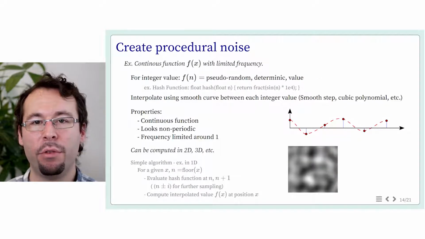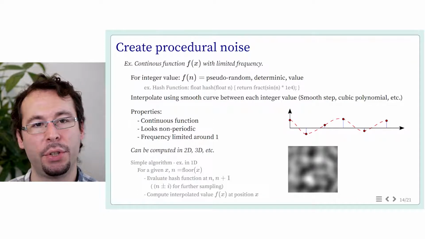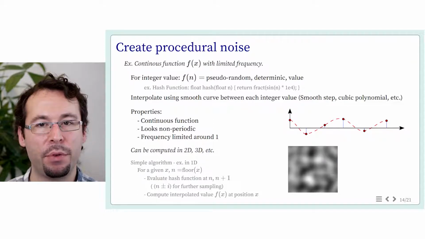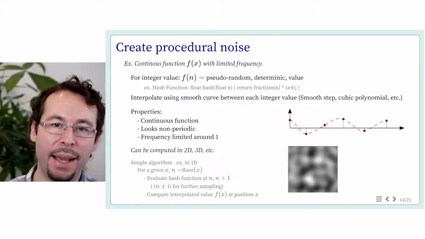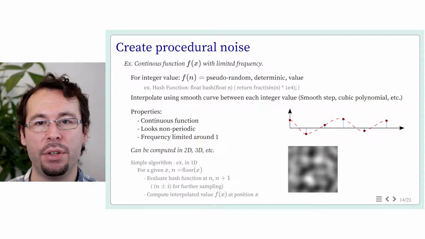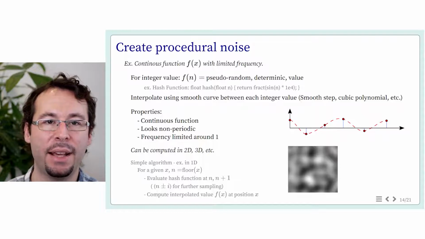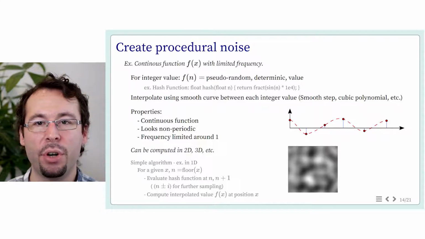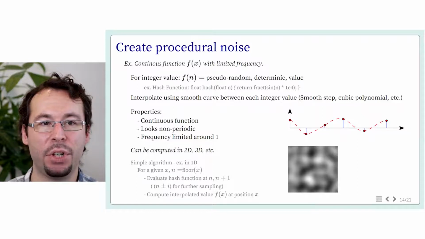So now how can we create such procedural noise? Let us consider the objective of creating a continuous function f of a 1D variable x with limited frequency. A way to compute such a function is to define it for integer x values as a pseudo-random deterministic function.